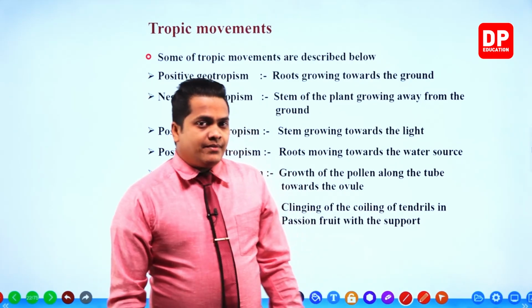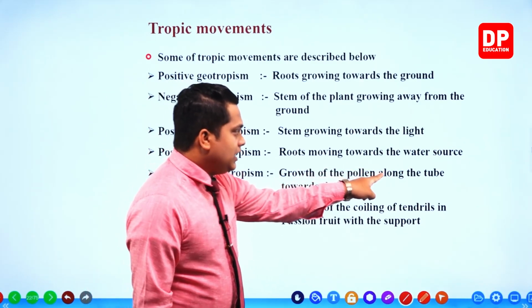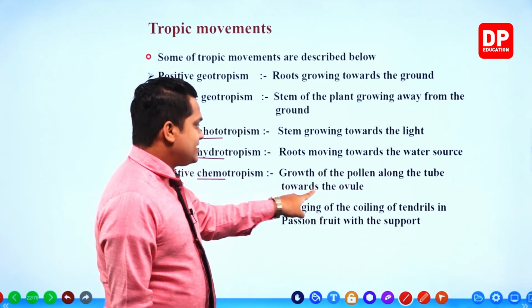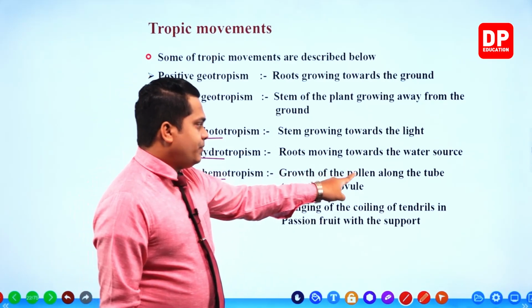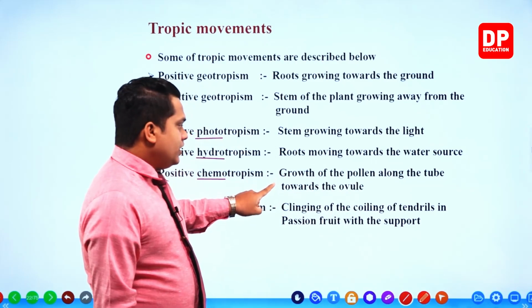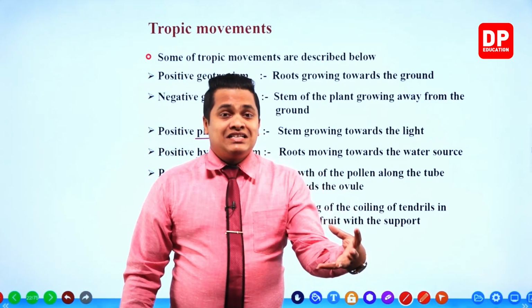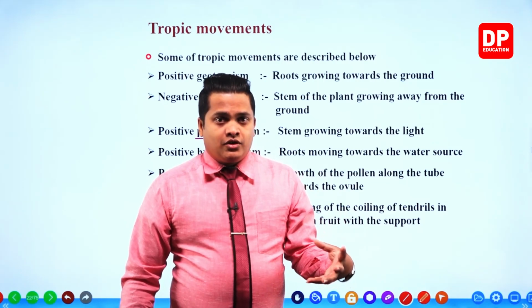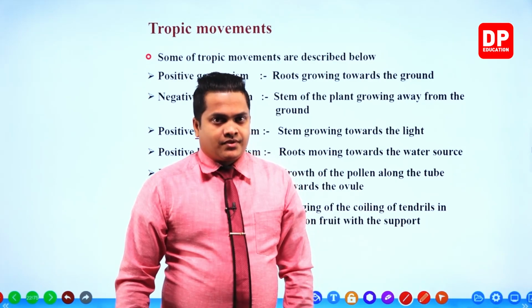Right? So under that, my dear children, the example given is growth of the pollen tube towards the ovule. Pollen, the male sex cells or male gametes, is contained within a flower.